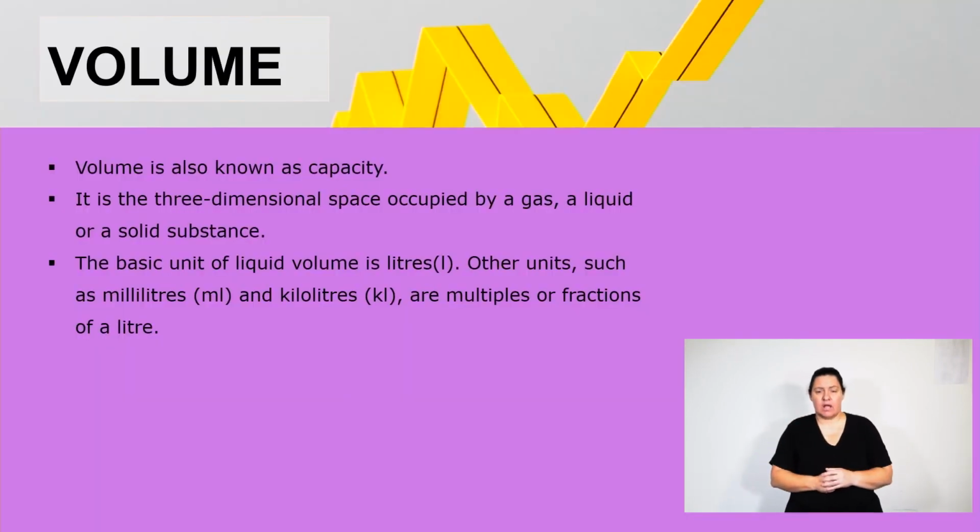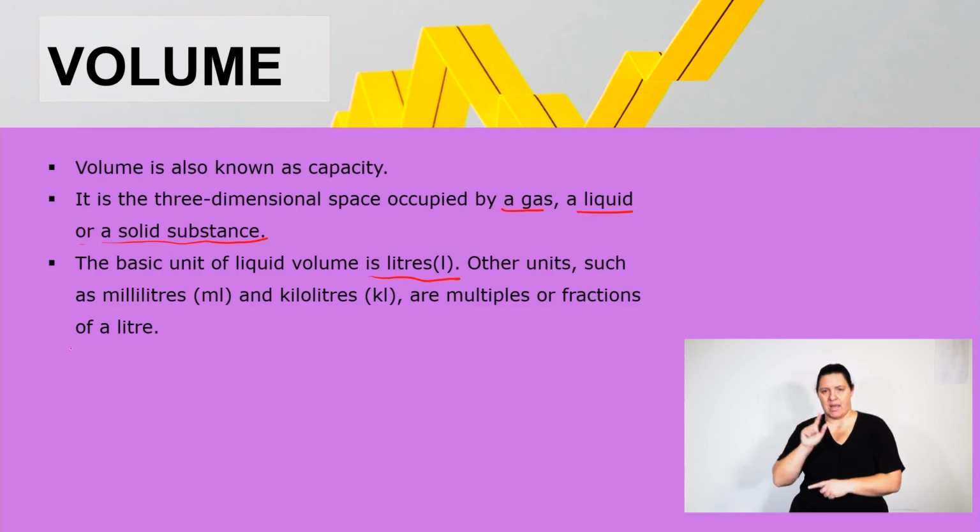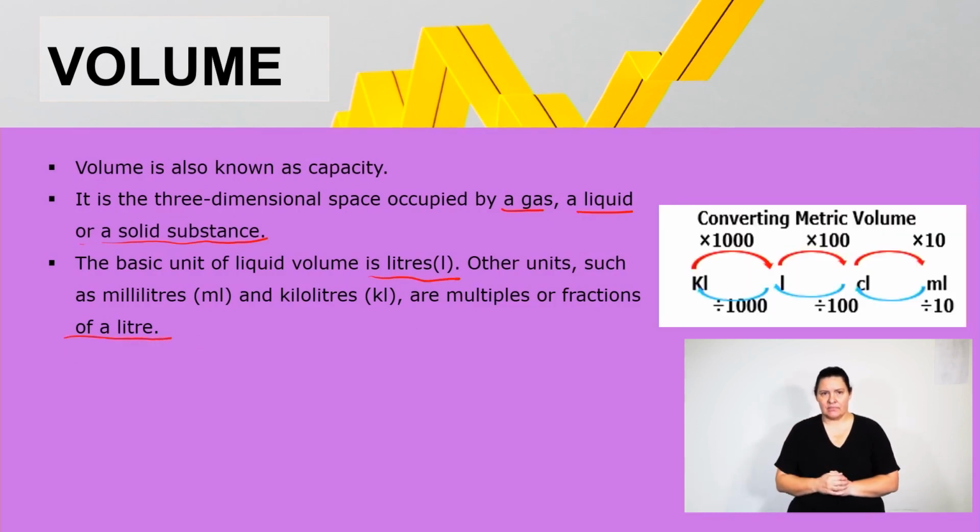It is the three-dimensional space occupied by a gas, a liquid, or a solid substance. The basic unit of liquid volume is liters. Other units such as milliliters and kiloliters are multiples or fractions of a liter. There is our conversion ladder.